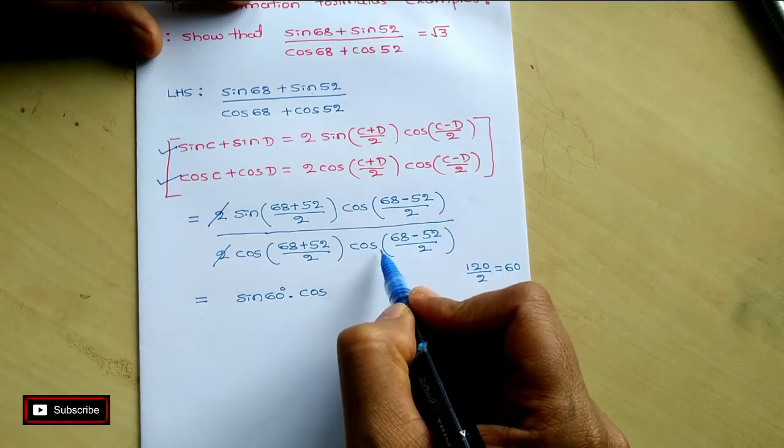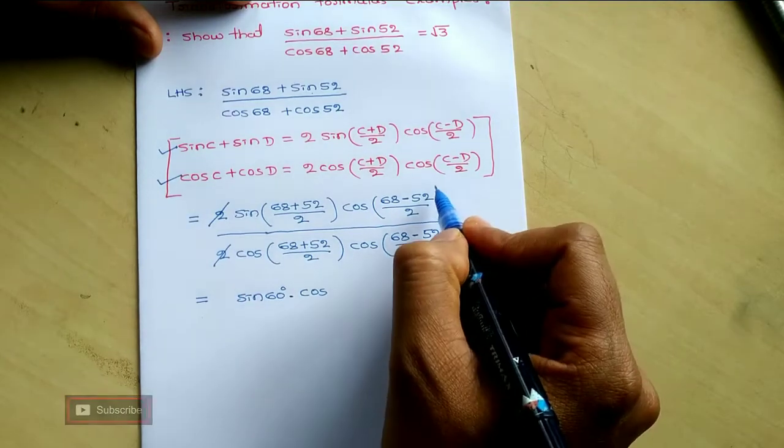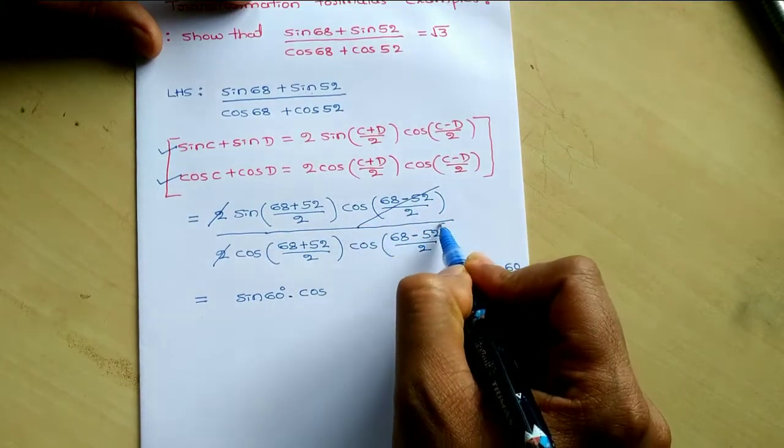Here also, in the denominator, cos of (68 minus 52) divided by 2, so directly you can cancel these two values.